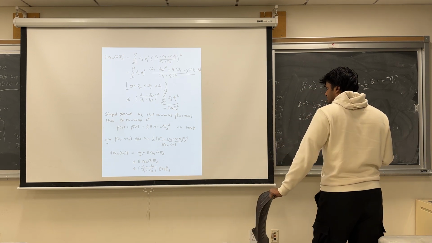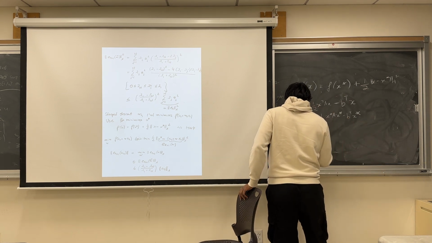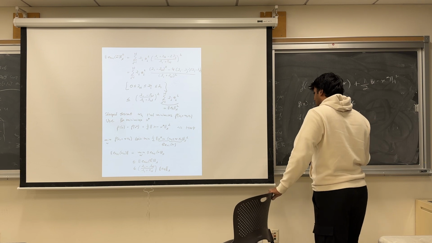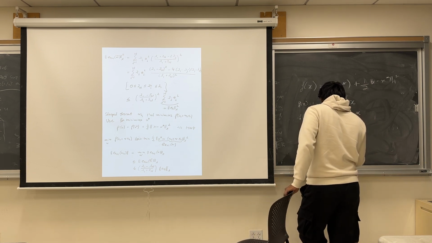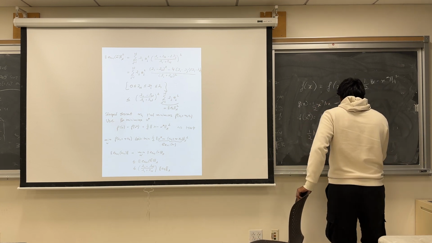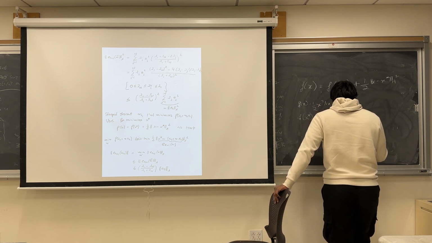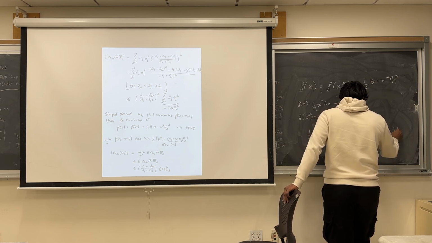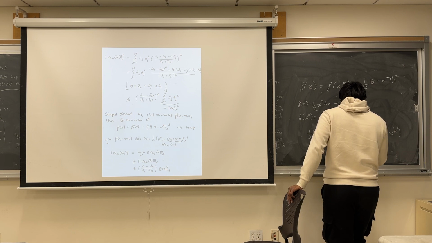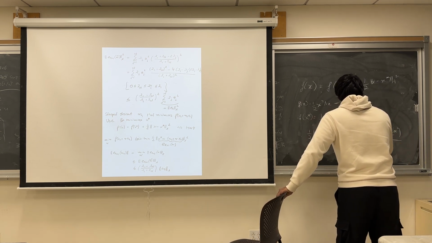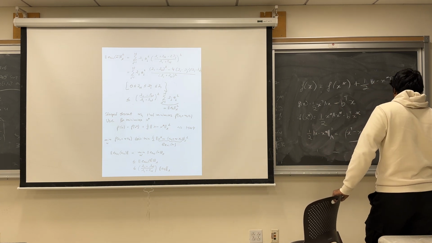And what is half x minus x star A norm squared? It is x transpose minus x star transpose A x minus x star, right? Divided by 2.